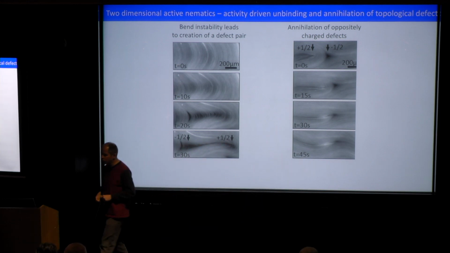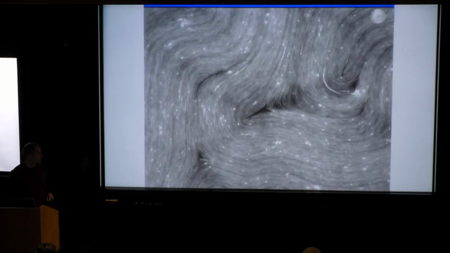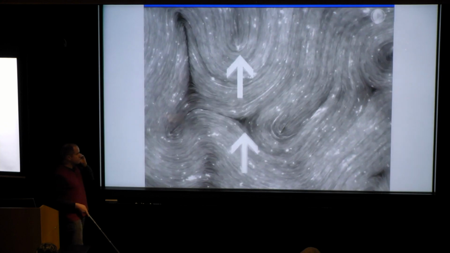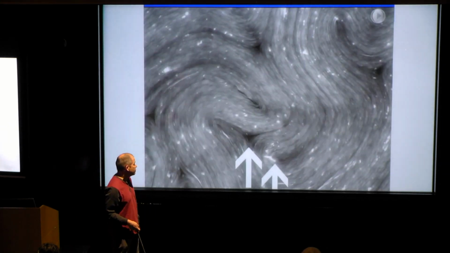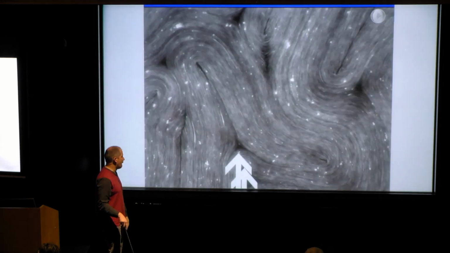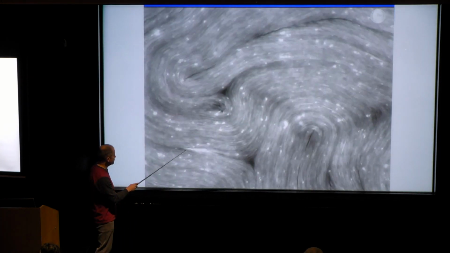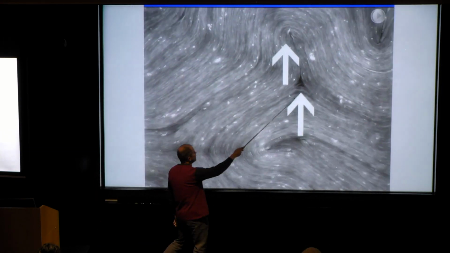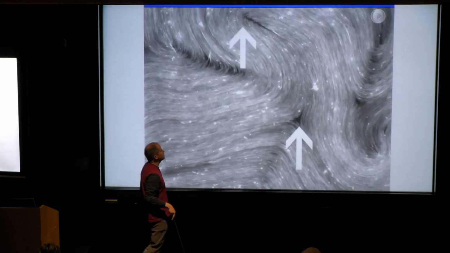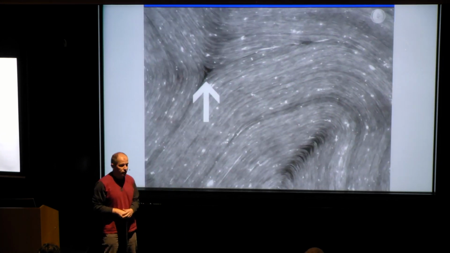And so in 2 dimensions, you get dynamics that looks like this. You have these microtubules, you have a nematic director field defined everywhere. You have the velocity field that you can measure. And so, for example, here you could see an annihilation event. Here you can see a creation event of 2 topological defects. And so they're moving around, they live for a very long time.